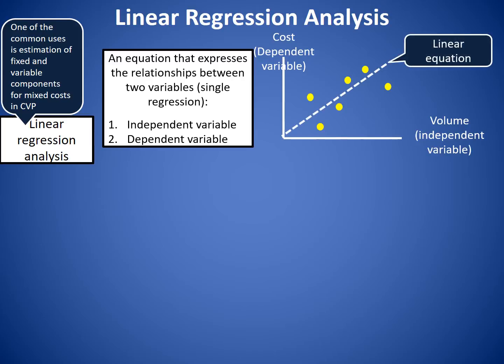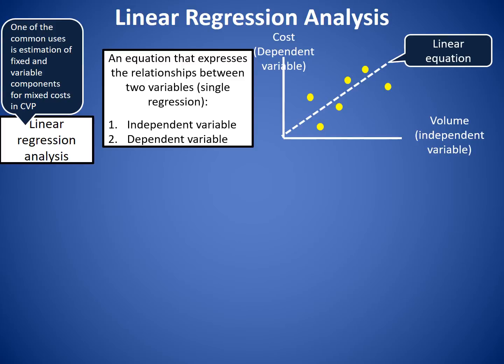What we want to be able to do is create some form of equation, in this case a linear equation, that provides a reasonable prediction of what our total costs are going to be at any particular volume.